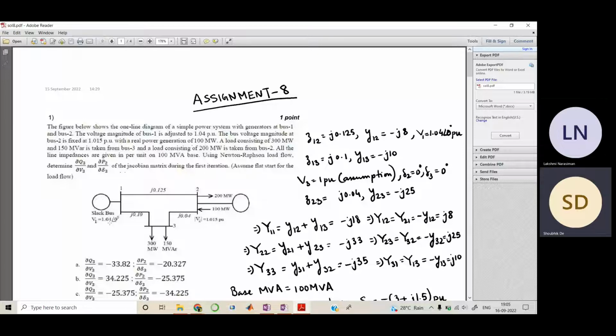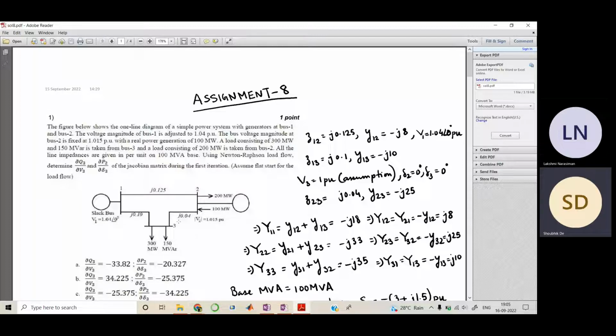We have to consider one slack bus, but bus 2 has its voltage fixed along with real power, so it becomes a PV bus. On the other hand, bus 3 is a PQ bus, because we have the active power and the reactive power.